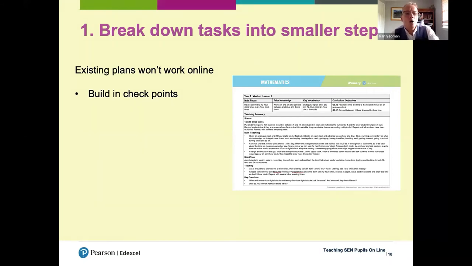One of the schools I was working with last week, before we got to this part, we were just talking about working online in general. One of the teachers was really disappointed in their class because they'd set them a task and they'd all come back with something completely different. There are two possibilities there.